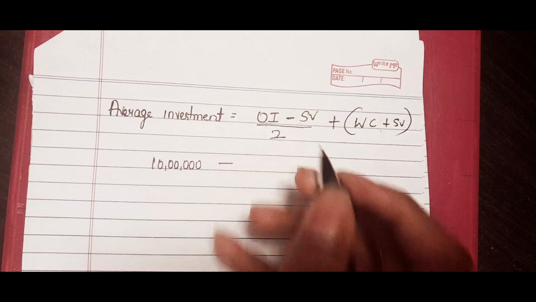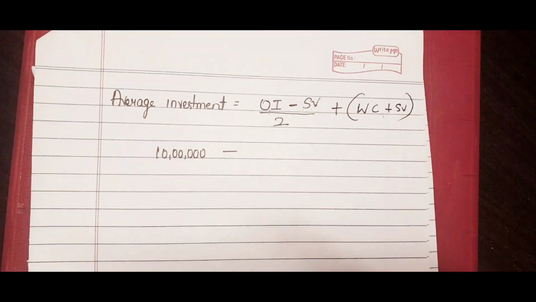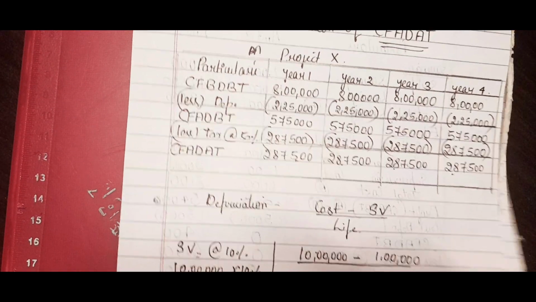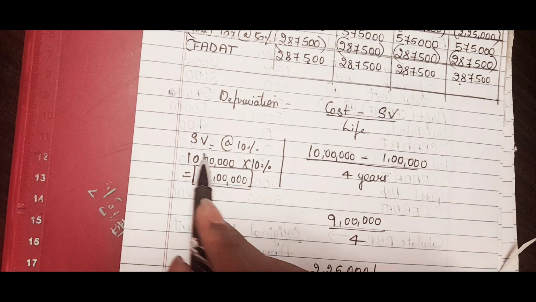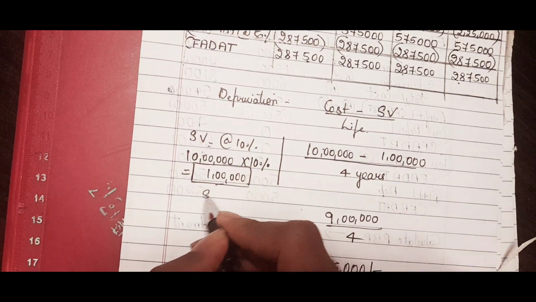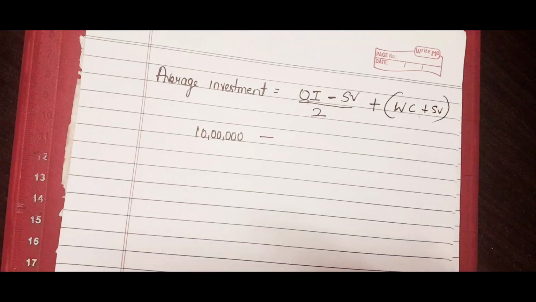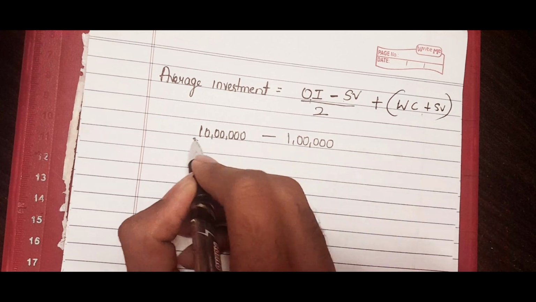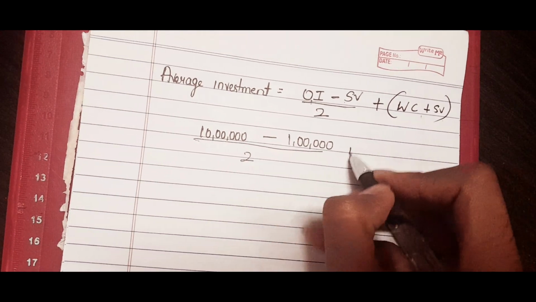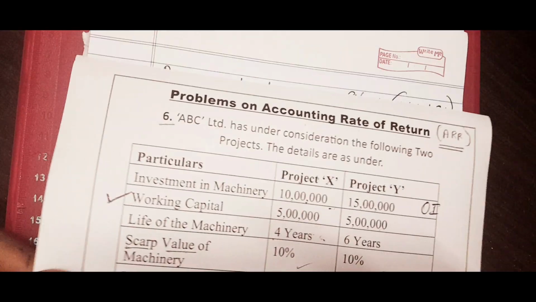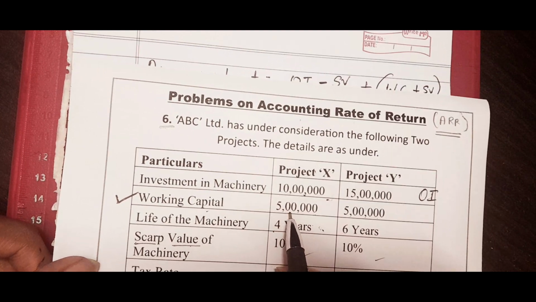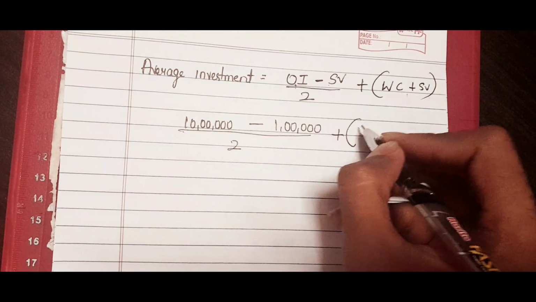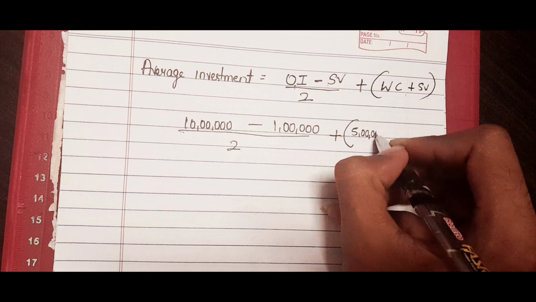10 lakh minus scrap value, which is 10%. We have already calculated the scrap value here: 10 lakh into 10% is 1 lakh. Scrap value is 1 lakh, divided by 2, plus working capital. Working capital they have given in the question is 5 lakh.